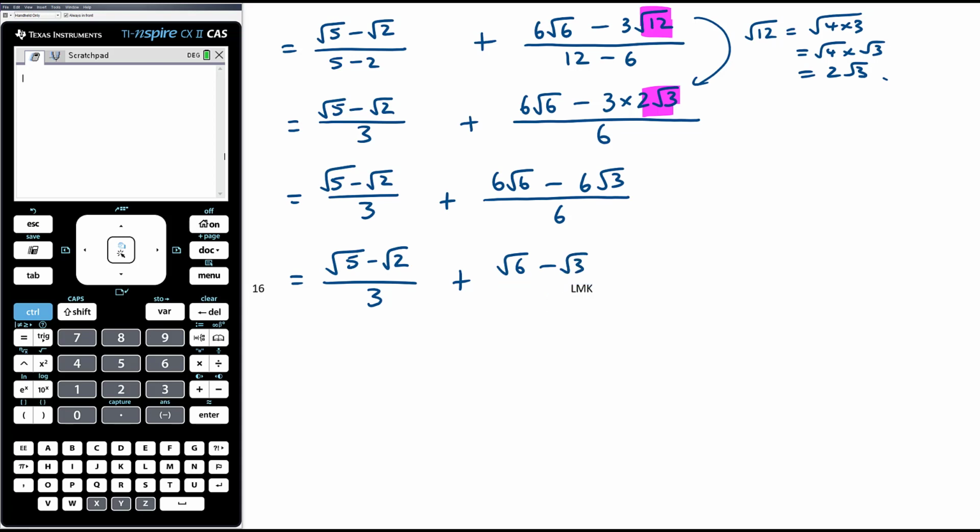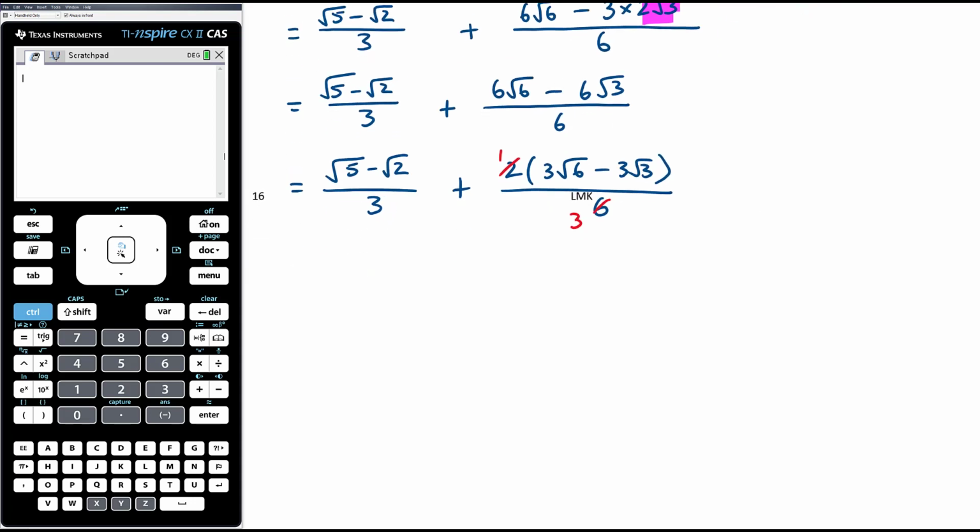But then that's not helpful with adding together with here, because we actually want a common denominator of 3. So actually, rather than dividing the numerator and the denominator by 6, what I might do is just divide it by 2 so that I get a denominator of 3. So if I take 2 out of that, that's 3 root 6 minus 3 root 3 all over 6. And now that lets me cancel that down. And we're not writing that second fraction in simplest form.